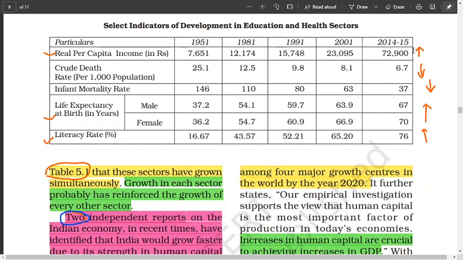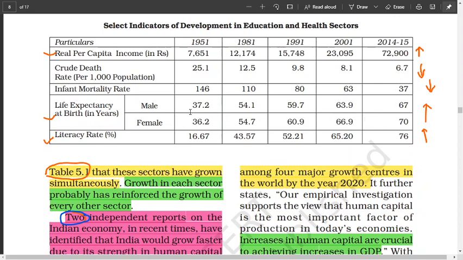We talk about whether it has a direct relationship with health and education. First, we'll look at this second last point: life expectancy at birth. This is from the health perspective. You can see that our life expectancy has increased from 37 to 67 for male, and 36 to 70 for female.